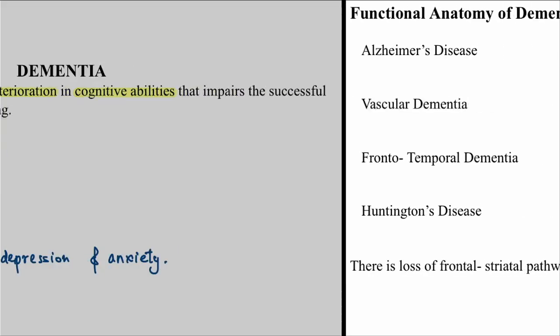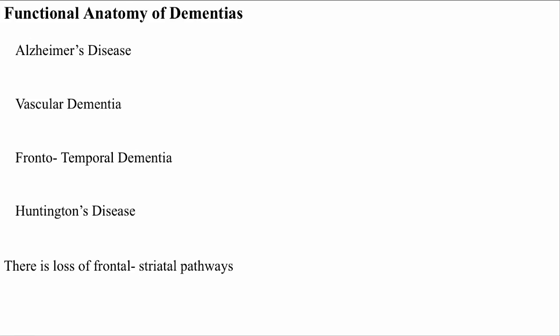Now coming on to the next slides, we will be discussing the functional anatomy of dementia, that is, what structure in the brain is impaired or damaged which leads to dementia. See, dementia involves the higher functions, and for higher functions there is no particular area that is responsible for memory or intelligence or speech, but there are major circuits which are responsible for maintaining the cognitive abilities.